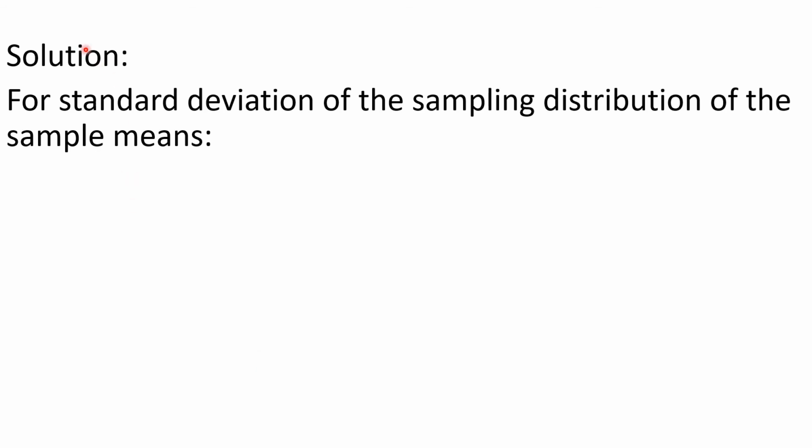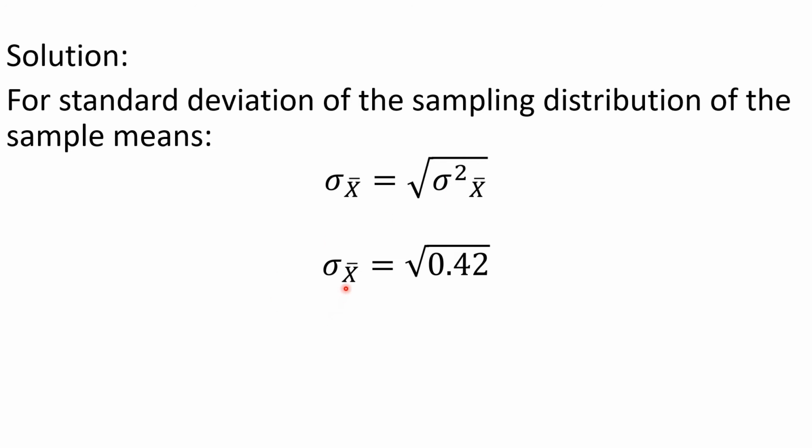Now, for the standard deviation of the sampling distribution of the sample means. This is the formula or the symbol for that standard deviation, and that is equal to the square root of the variance of the sampling distribution of the sample means. Since from the previous slides we've known the value of the variance, the standard deviation is equal to the square root of 0.42.